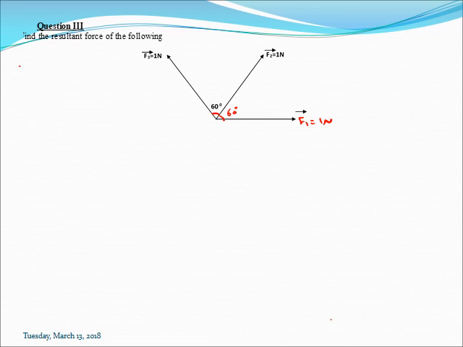First, F12 square equal F1 square plus F2 square plus 2 F1 F2 cosine alpha, where alpha is 60 degree.